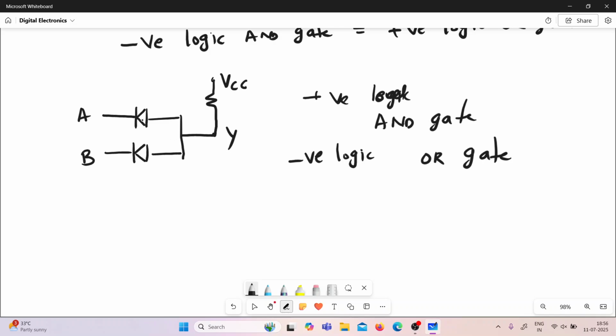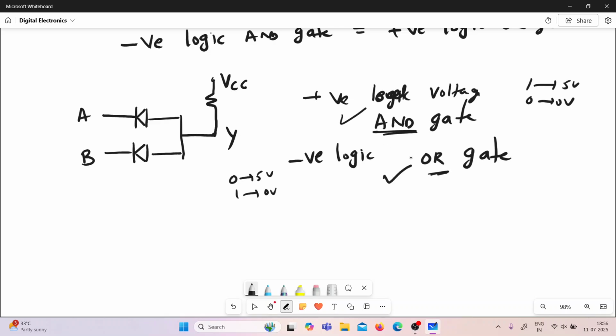For this circuit, if we apply positive logic voltage levels, meaning for 1 5 volts and for 0 0 volts, then the entire circuit is acting as a positive logic AND gate. For the same circuit, if we apply negative logic voltage levels, meaning for 0 5 volts and for 1 0 volts, you will get a truth table similar to the truth table of an OR gate. Then the same circuit can be used as positive logic AND gate and negative logic OR gate.